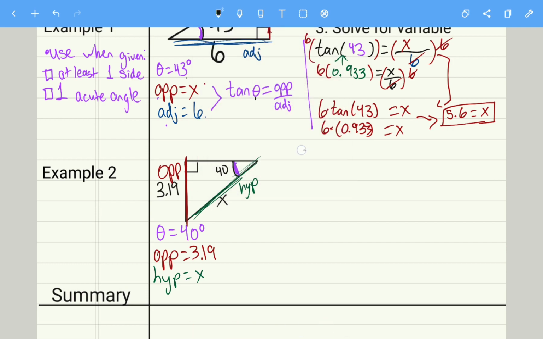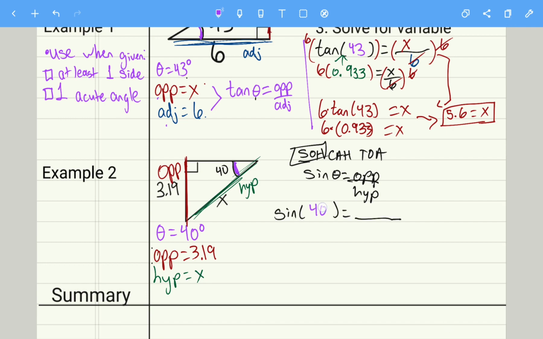So now we have to pick from SOHCAHTOA. We have the opposite. We're looking for the hypotenuse. That means we're going to use SO, or sine. So sine of our angle equals opposite over hypotenuse. And then we're going to solve it again. Plug in your information.